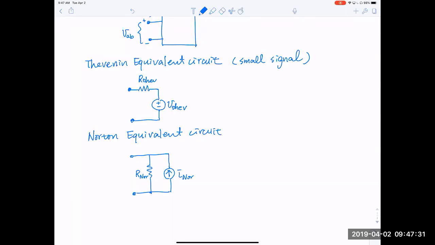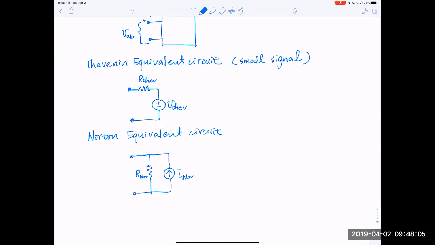This is used to model, for example, a function generator as an independent voltage source, or if you have a current signal, you can model that as an independent current source. The transistor equivalent circuit we introduced is to model the nature of the transistor. That is not the Norton equivalent circuit, and not the two-port equivalent circuit that we're going to talk about.